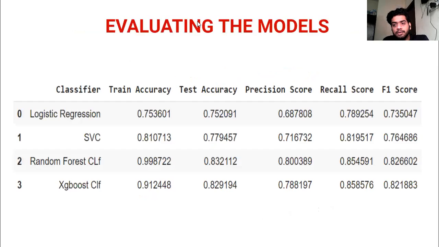Next is the whole table from evaluating the models, where we combine all the scores of all the models in a single table. Here we can see in logistic regression we get the recall score 0.78, and in SVC that is 0.81, random forest classifier 0.85, XGBoost classifier 0.85.